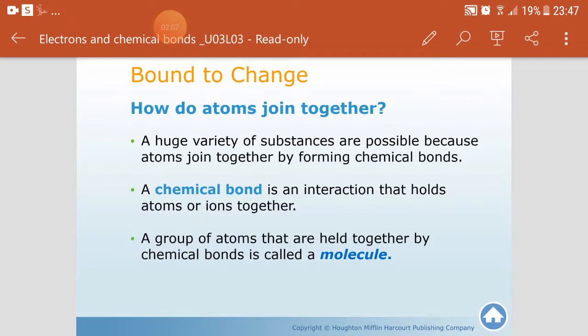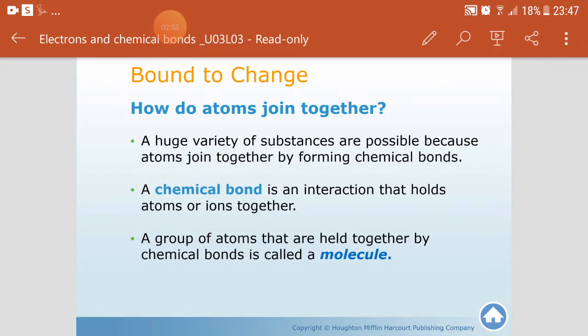But when an atom loses or gains electrons, it will have a different number of electrons and protons, so it will be called an ion. It can be a negative ion or a positive ion. We will talk again about that in another part of this lesson.